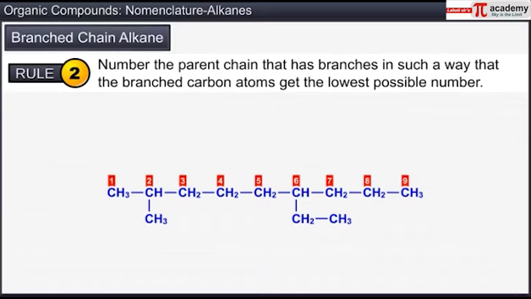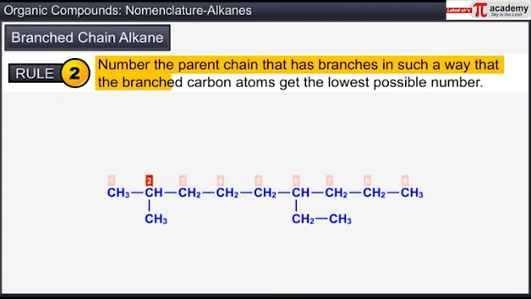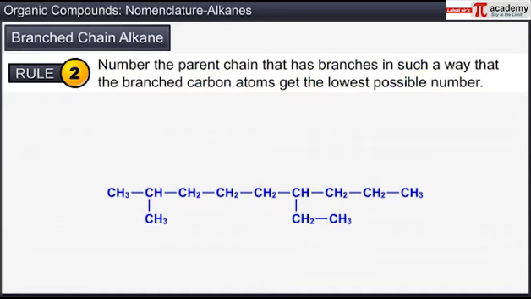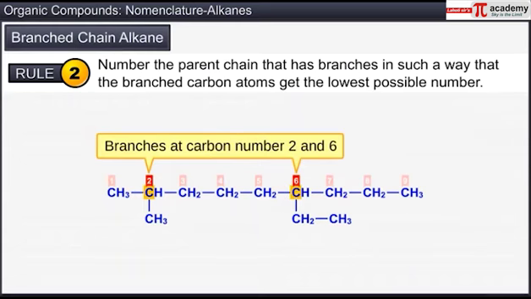Rule 2. Number the parent chain that has branches. The numbering of the chain is done in such a way that the branched carbon atoms get the lowest possible number. If we number the chain from left to right, then the branches are located at carbon 2 and 6.